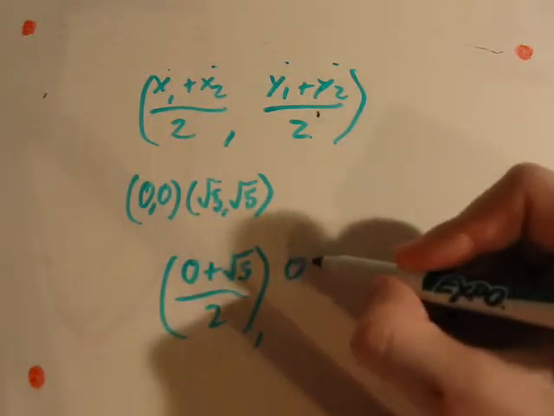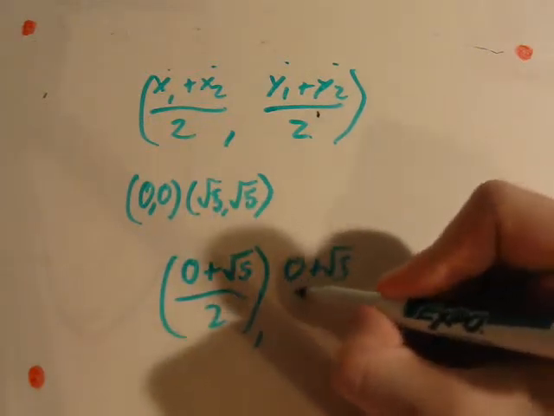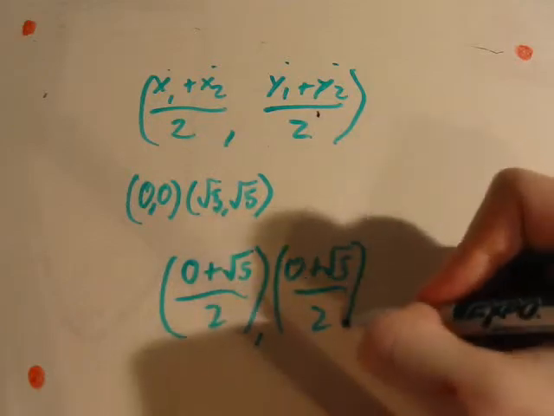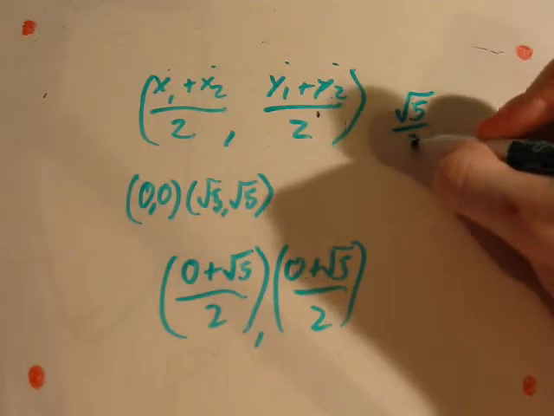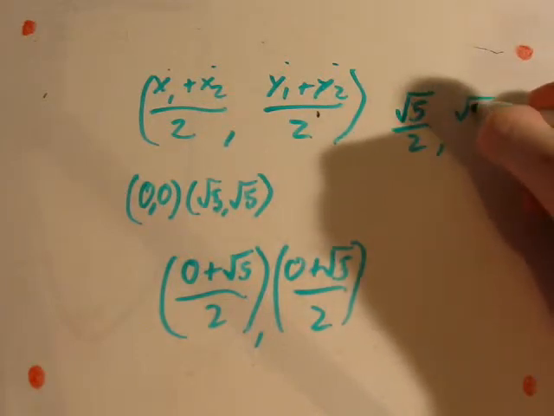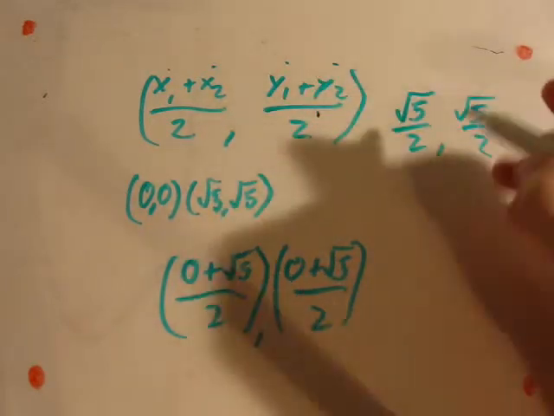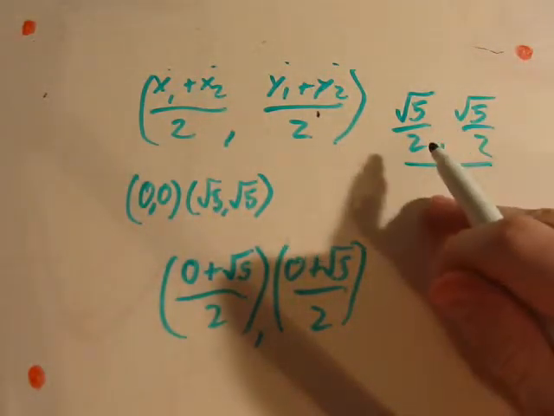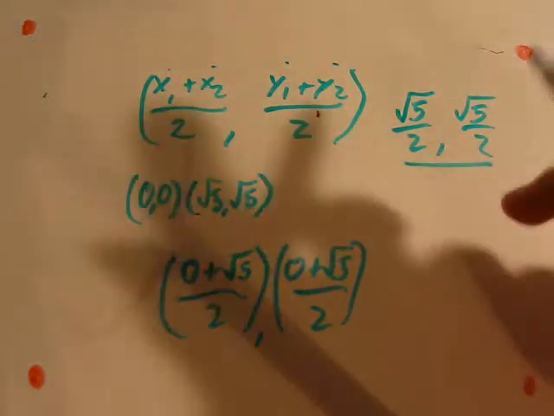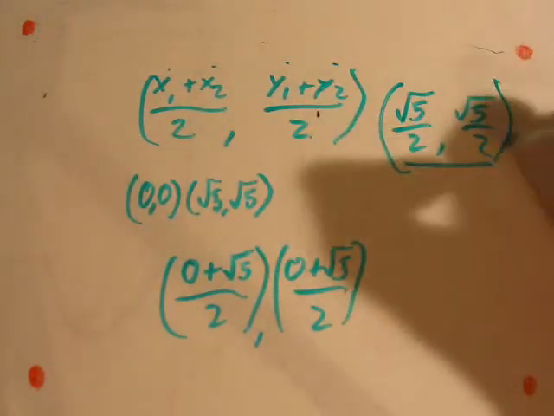Then the next one is the same. So this becomes 5 square root of 2, 5 square root of 2. The midpoint between these two numbers is 5 square root of 2 and 5 square root of 2. This is a coordinate.